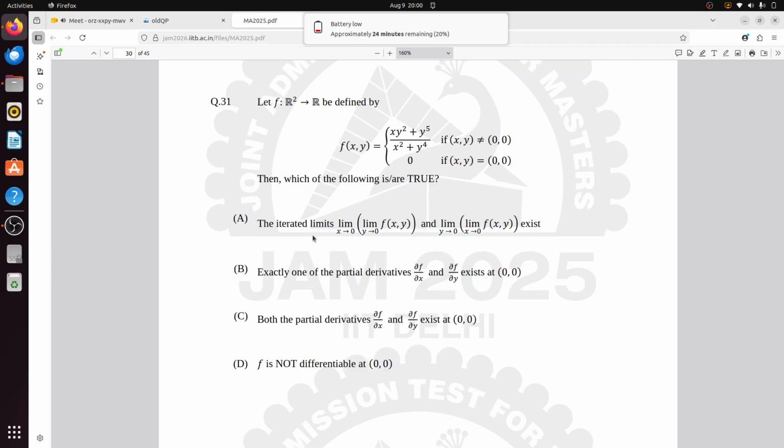I remember that they usually give one problem like this in every NET, JAM, whatever exam.